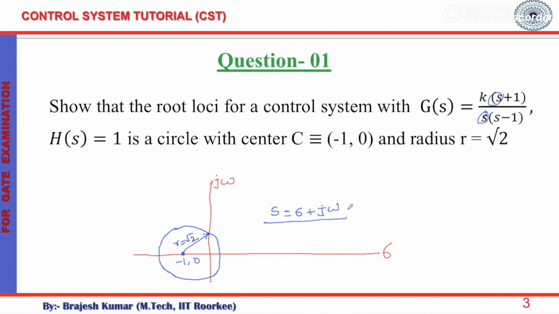Replace every S by sigma plus j omega, apply some condition and try to prove that the root locus is a circle. That means you need to derive the equation of the circle.